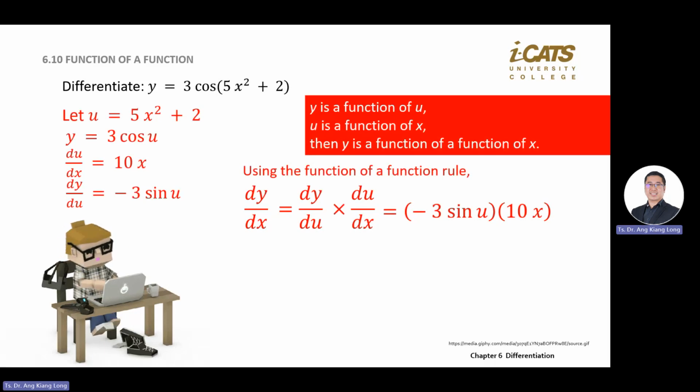Then you do differentiation du dx. Du dx is from here, below the u equation, you do du dx. Below the y equation, you do dy du. Still a set of equations. You have u, then dy du, then du dx.